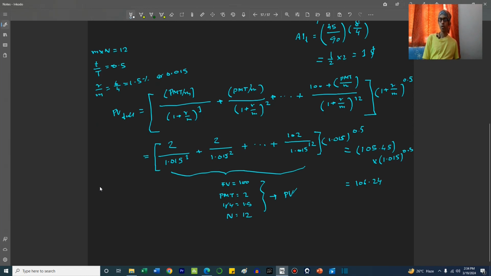Therefore, our PV full is 106.24 and our accrued interest was $1, right? Therefore, our clean price or PV flat is equal to 106.24 minus 1 is equal to 105.24. So this is our final calculation, guys.